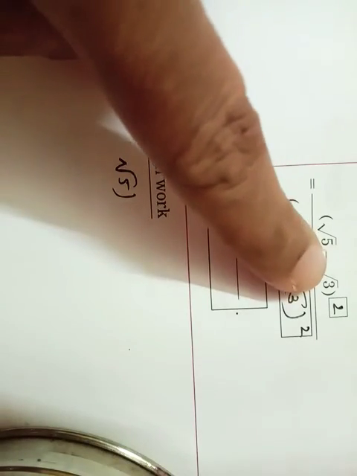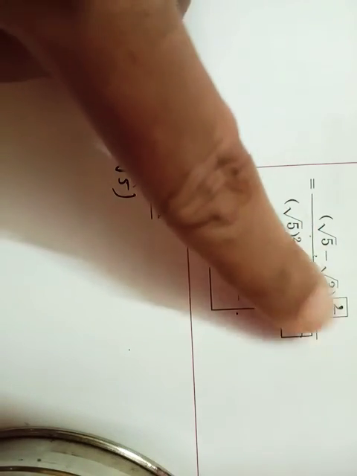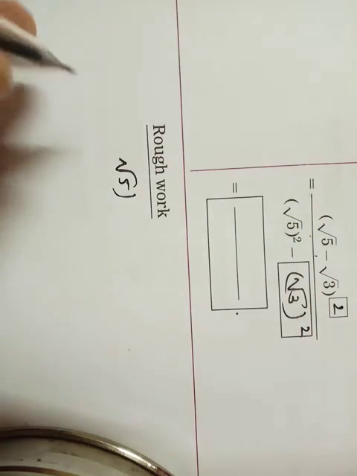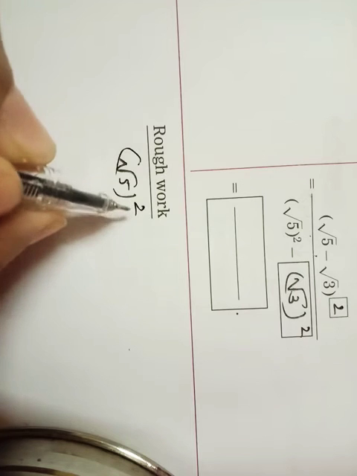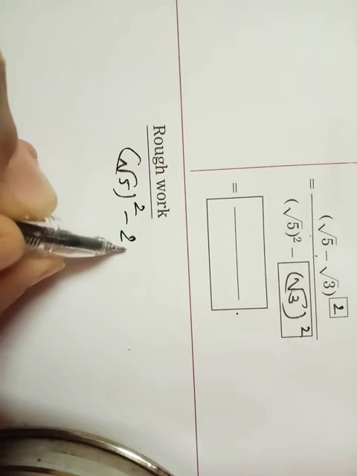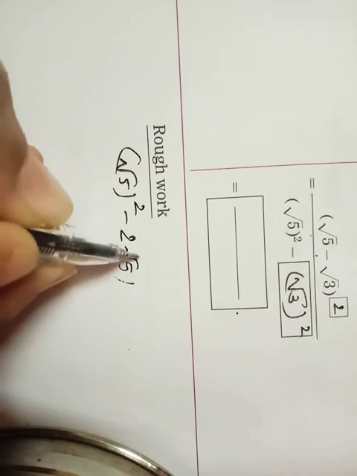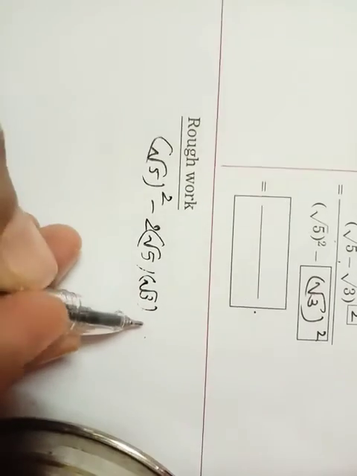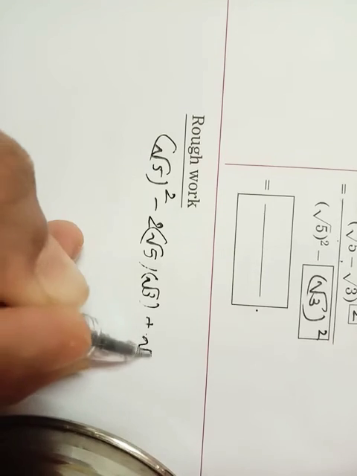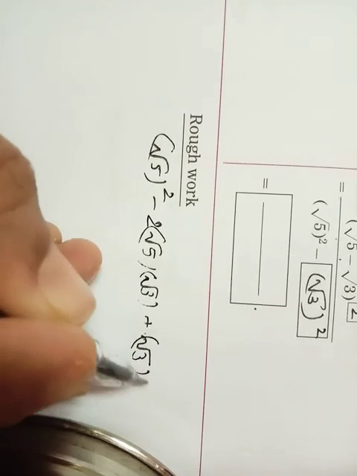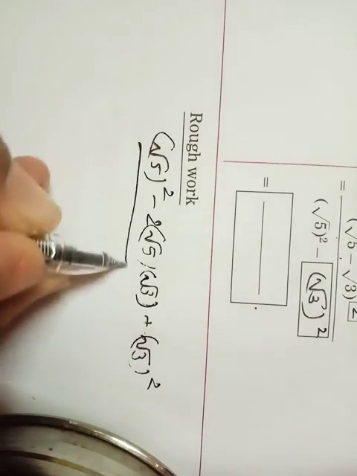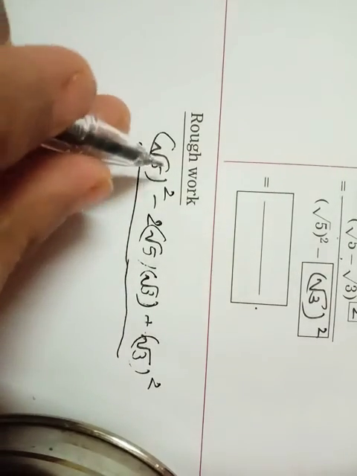I am opening the bracket: a minus b the whole square is a square minus 2ab plus b square. So root 5 the whole square minus 2 into root 5 into root 3 plus root 3 square, and upon root 5 square.